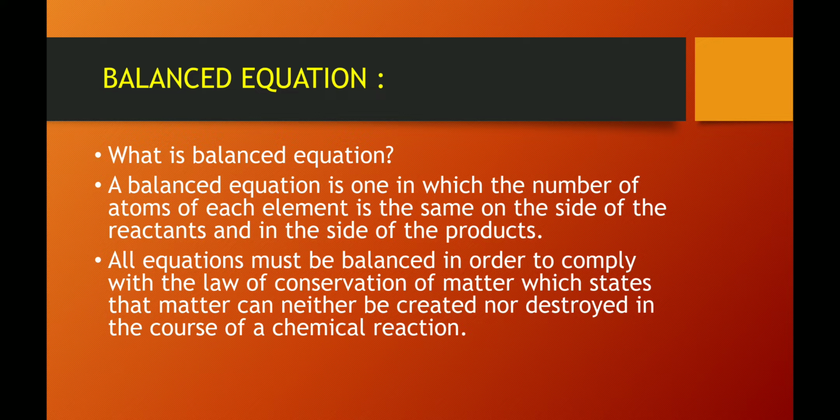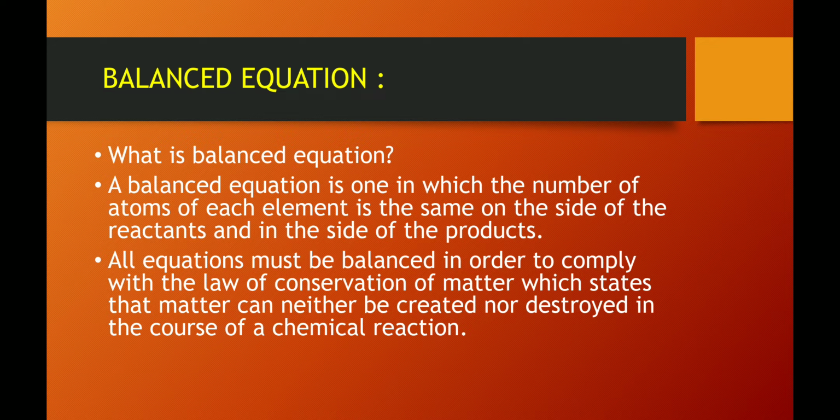Now let us learn what is a balanced equation. A balanced equation is one in which the number of atoms of each element is the same on the side of the reactants and on the side of the products. All equations must be balanced in order to comply with the law of conservation of matter. What is the law of conservation of matter?